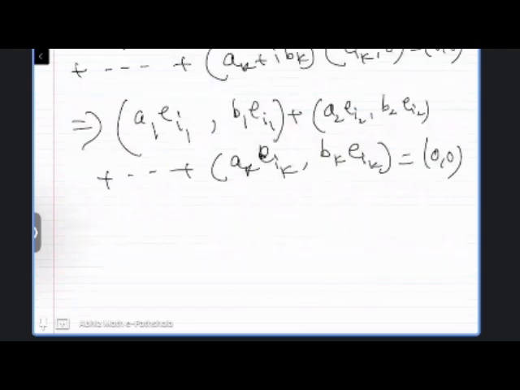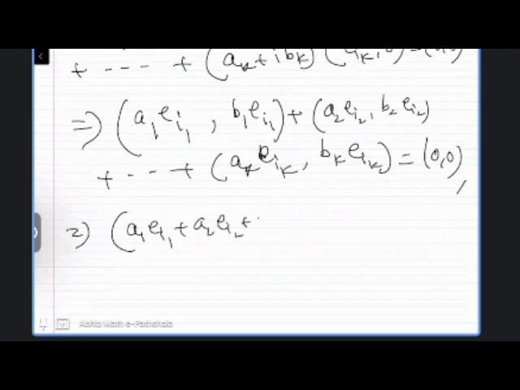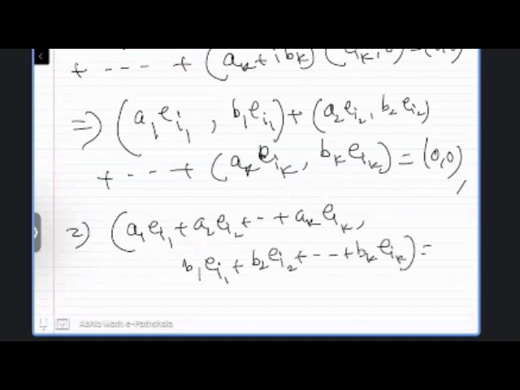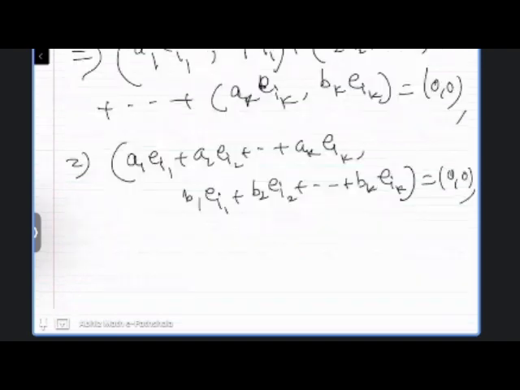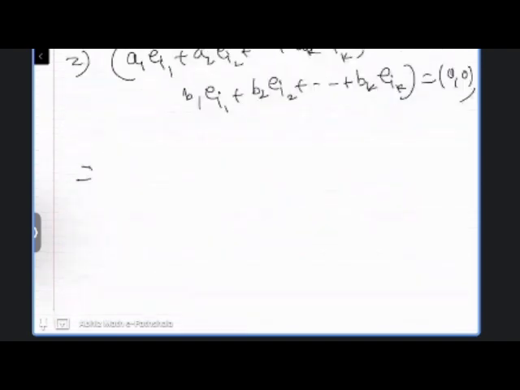So therefore (a1 e_i1 plus a2 e_i2 plus ... plus ak e_ik, comma b1 e_i1 plus b2 e_i2 plus ...) is 0, right? So therefore each of the components will be 0.